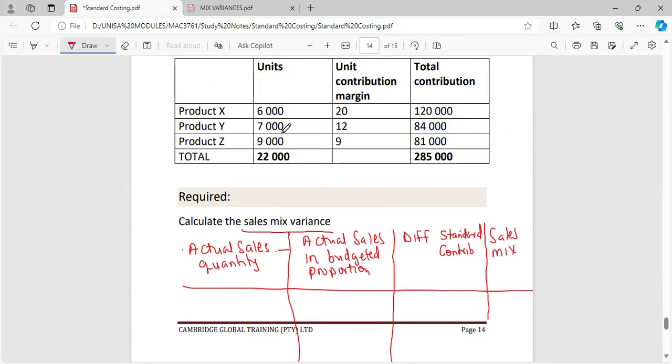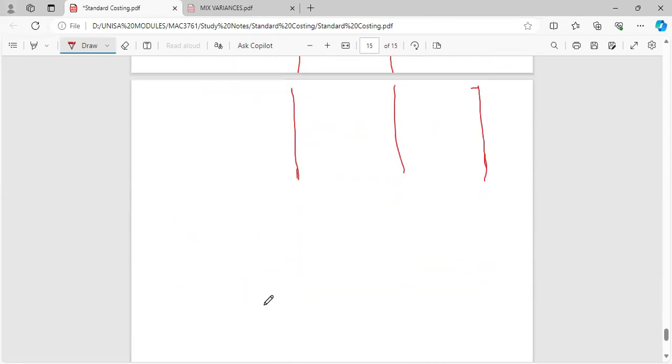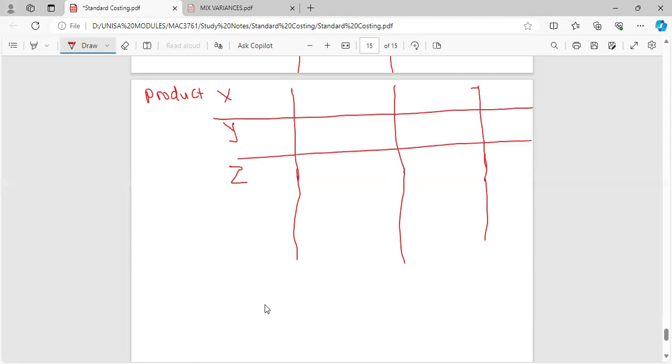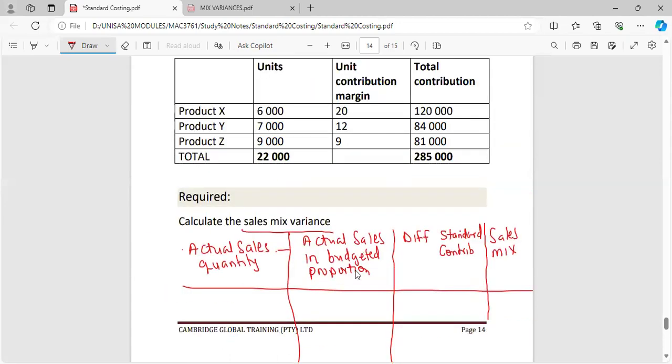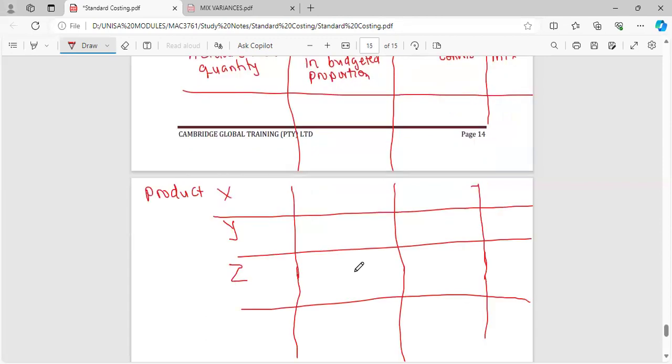We have products X, Y, Z, so we have three products here. I think I should remove some.